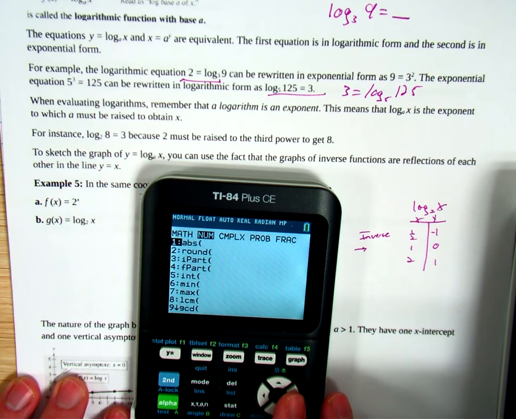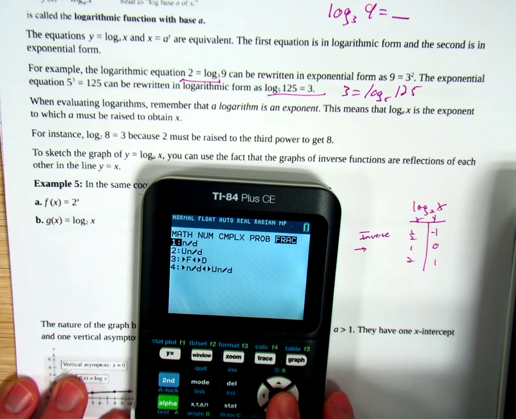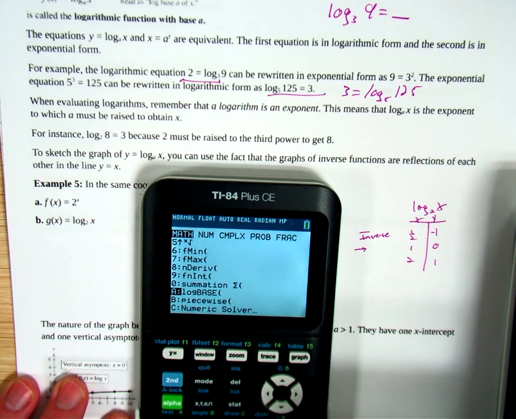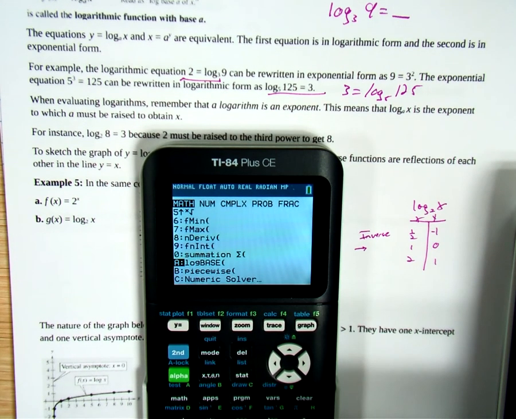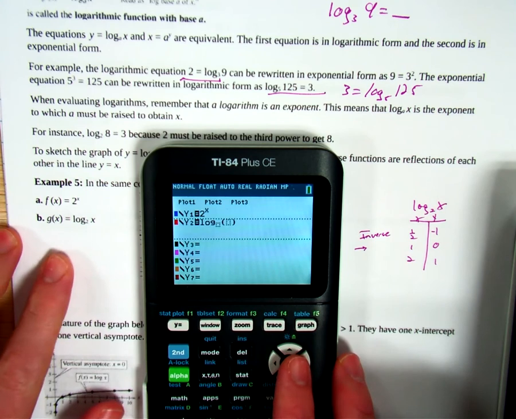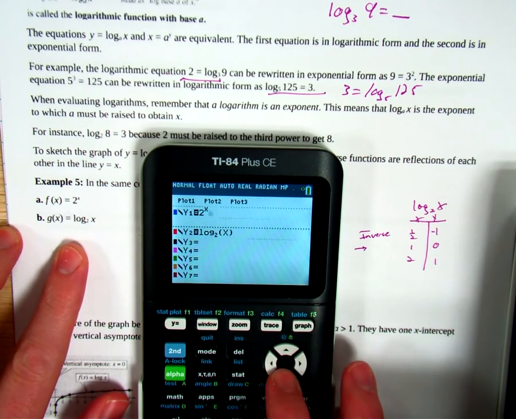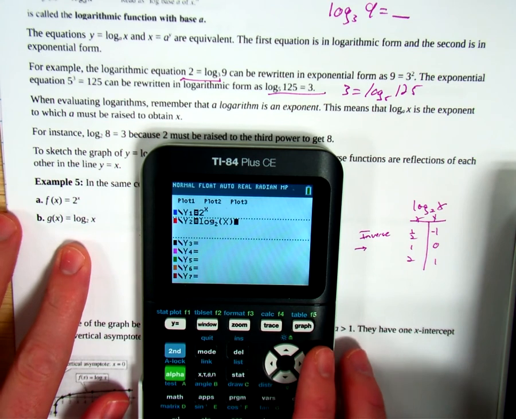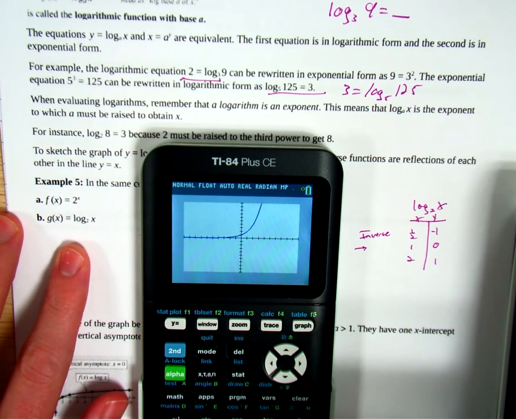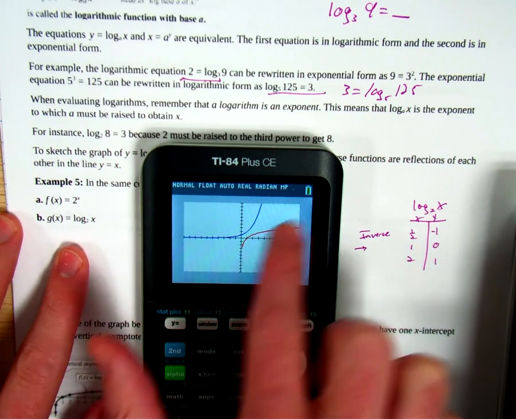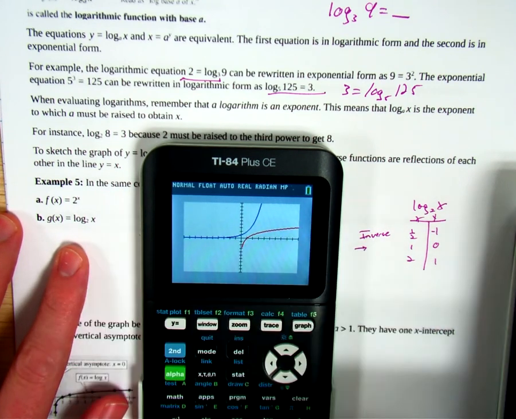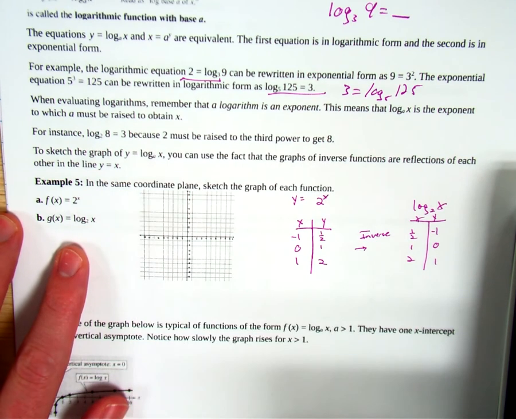Math, log base, it's like the 10th or 11th option there. Math, log base 2 of x. Alright, graph. So there's our 2 to the x and there's our log, and you can see that they are reflected over the y equals x line, which is an indication that they are inverses.